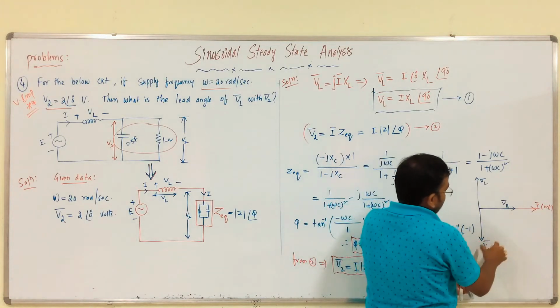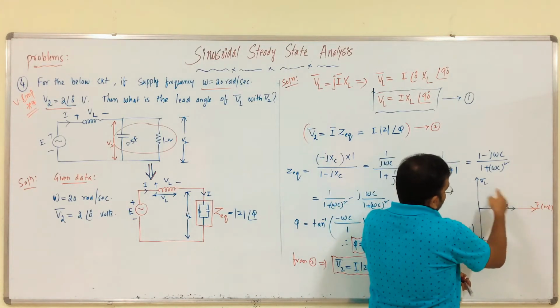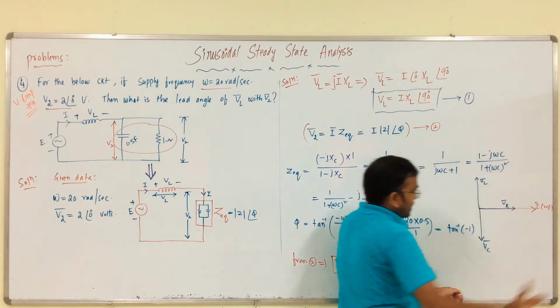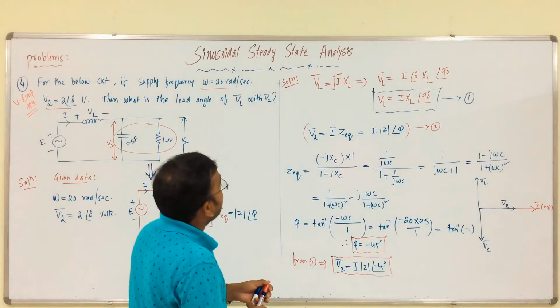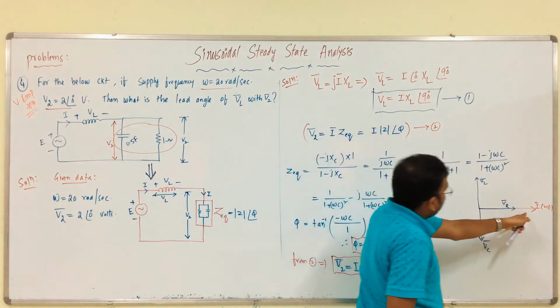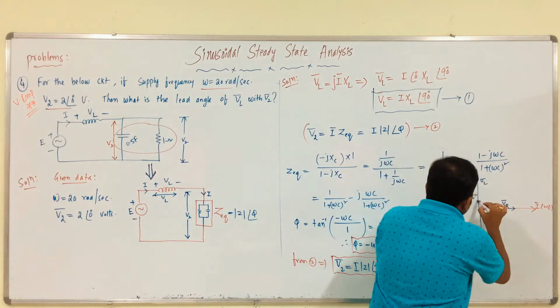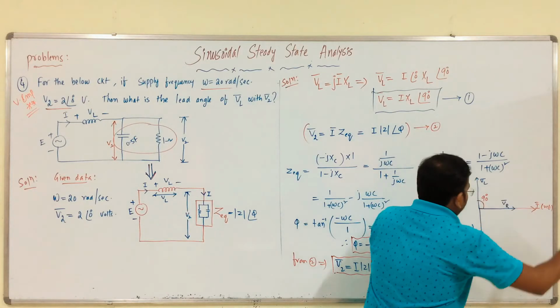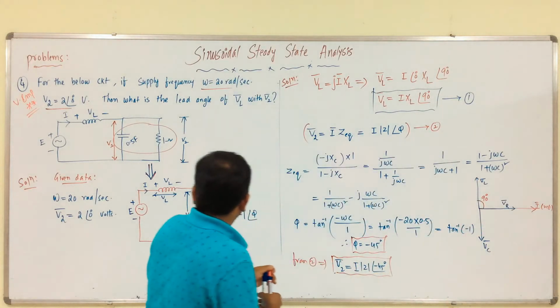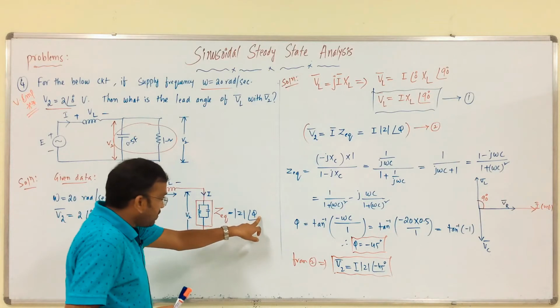Current leads VC by 90 degrees, current lags VL by 90 degrees, clear. Here VL is at 90 degrees, and the current is the same. But see, we are having this angle with respect to what?